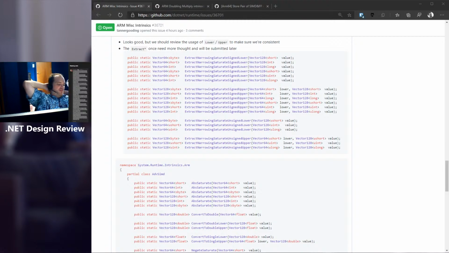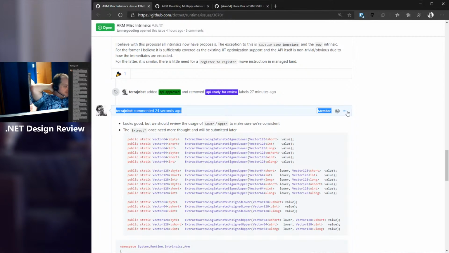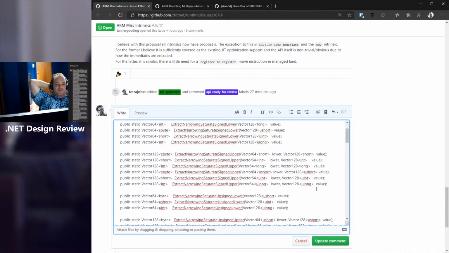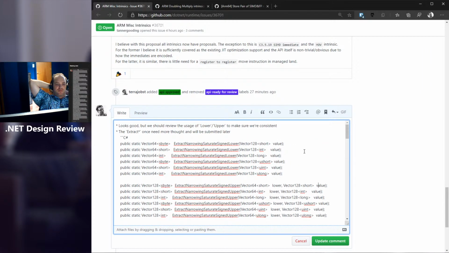The convert to double lower 128 shouldn't. So the other one is just a replacement.